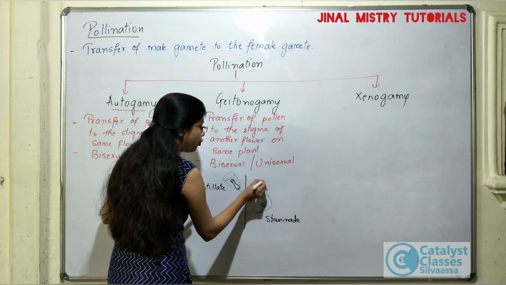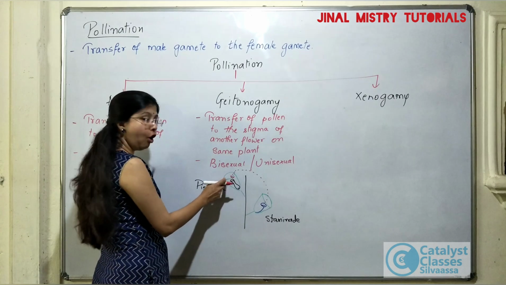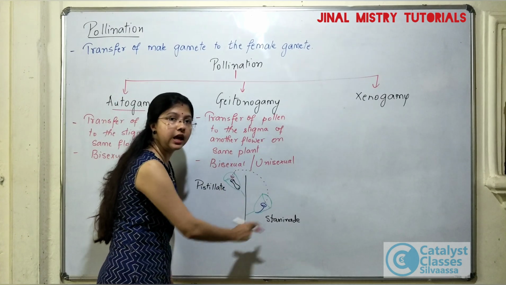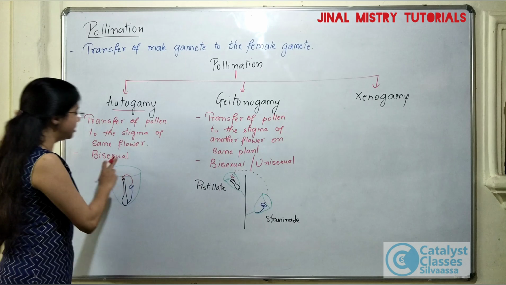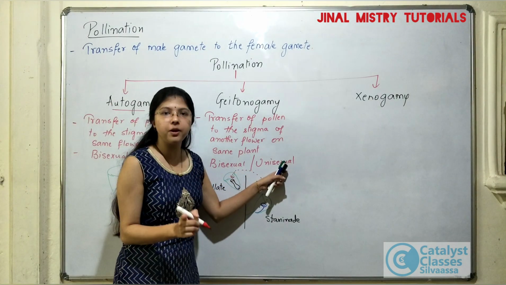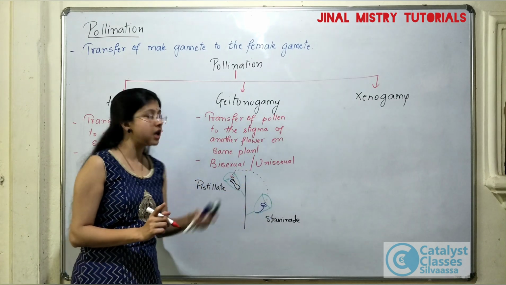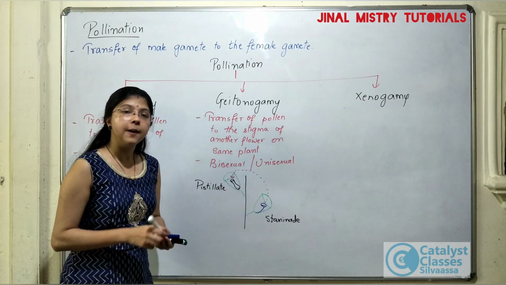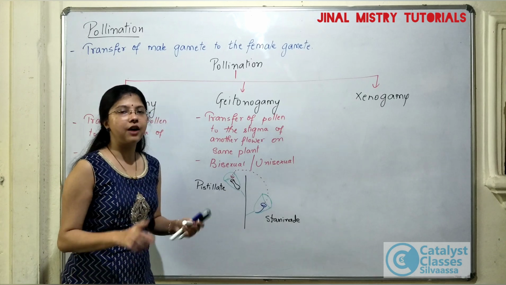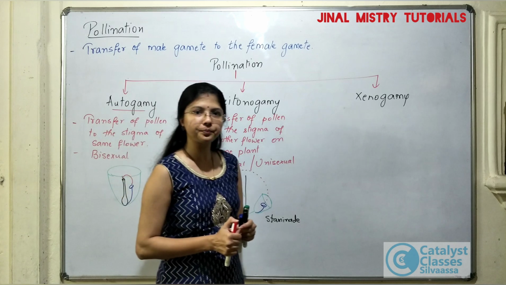The pollens from one flower are transferred onto the stigma of another flower but on the same plant. Sometimes certain species of plants have bisexual flowers, but though they have bisexual flowers, they never allow pollination within the same flower.